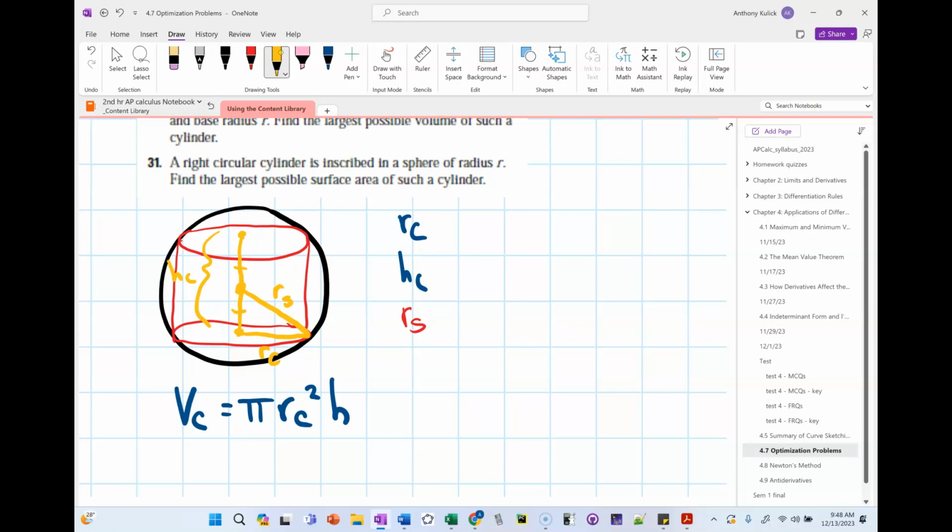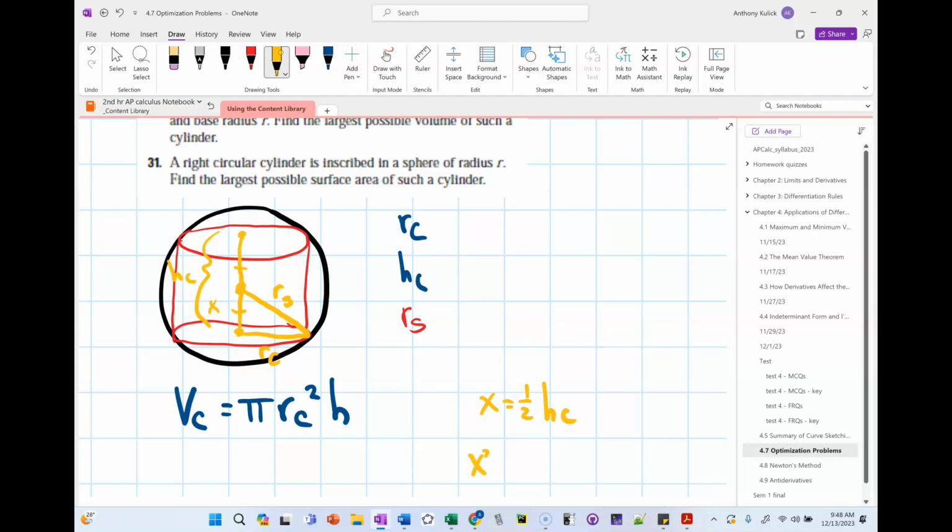So I can say then that I'm just going to call this spot X. So we have X is equal to 1/2 the height of the cylinder.